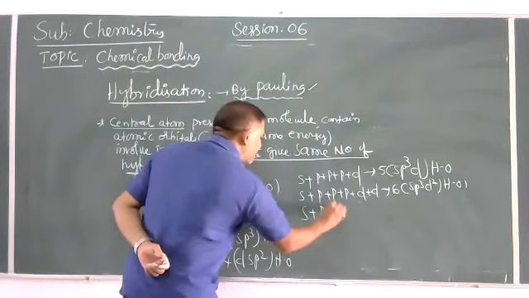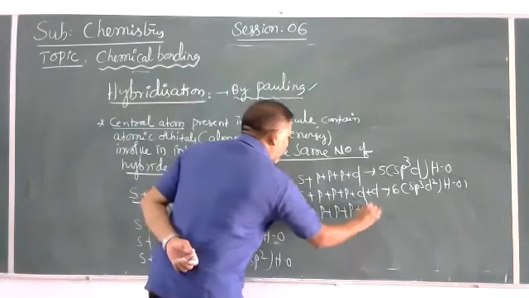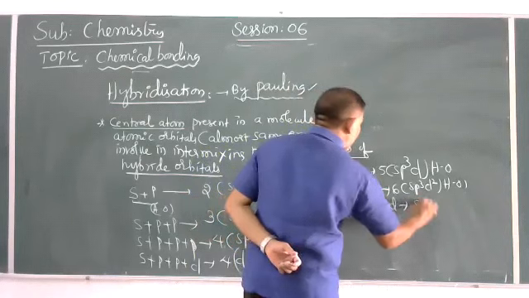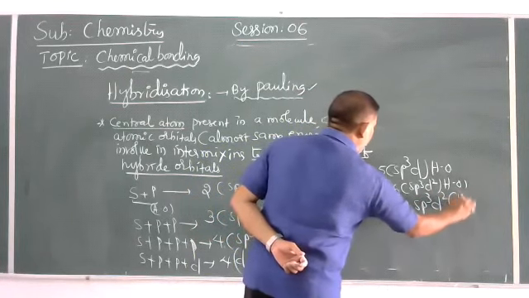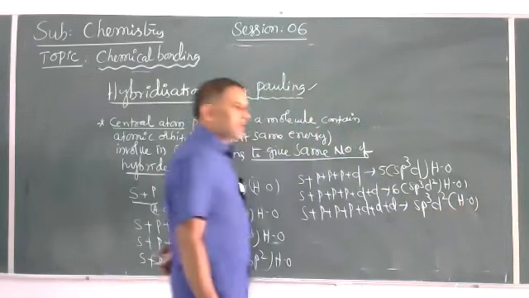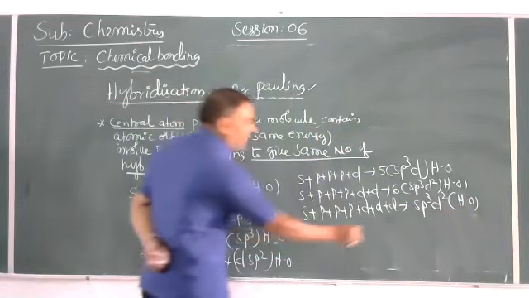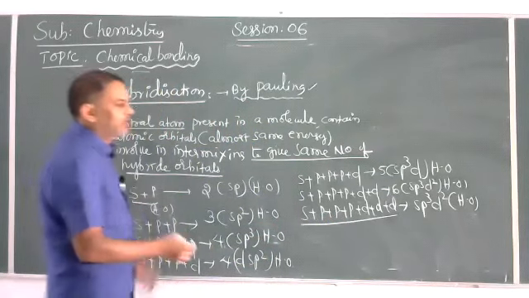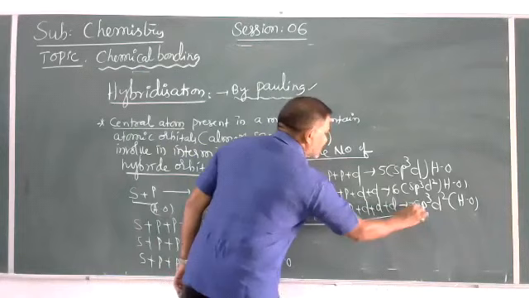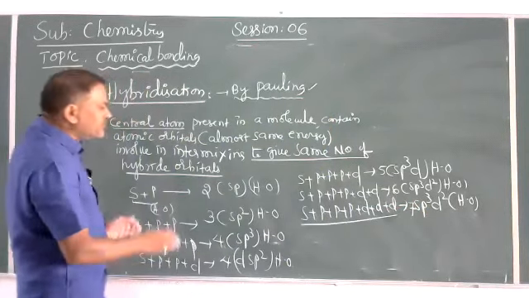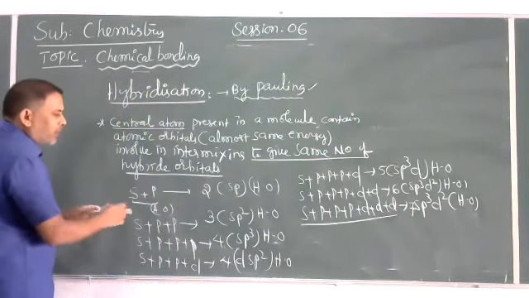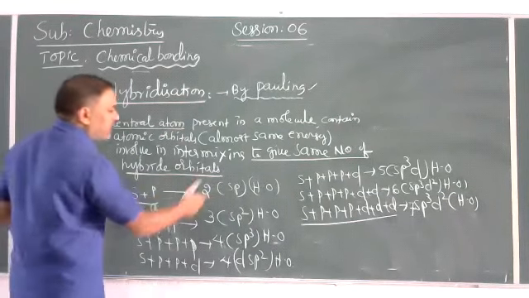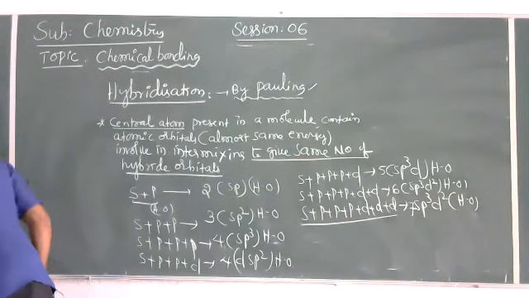With s, 3 p orbitals and 3 d orbitals, it gives 7 hybrid orbitals. In this manner, the number of atomic orbitals that are hybridized or intermixed with each other gives the same number of hybrid orbitals.